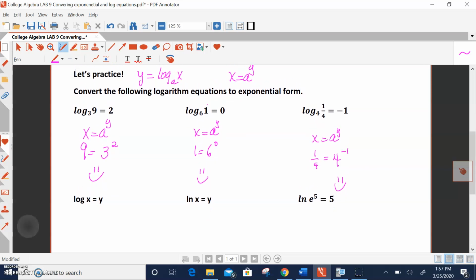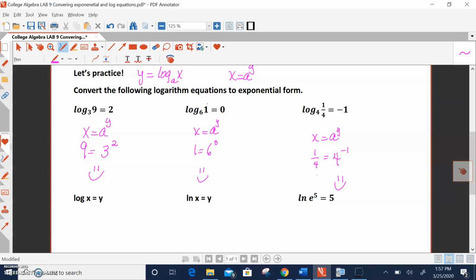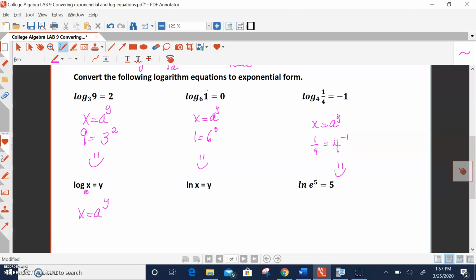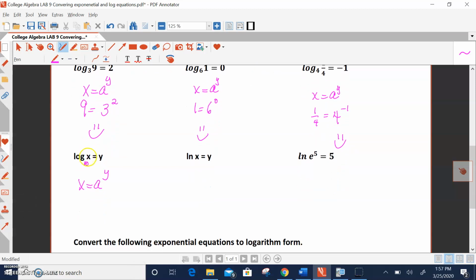Okay, let's do the same thing here. I see the word log with no base. That tells me it has an understood base of 10, so I am going to write it in. Let's take this logarithm and convert it to x equal a to the y form. So what's in the x position is the x.